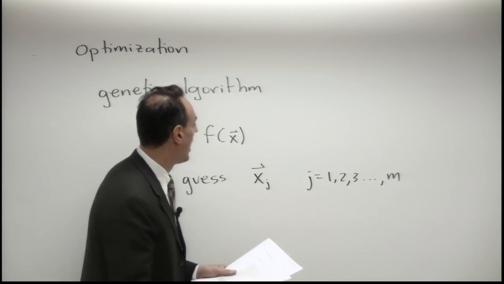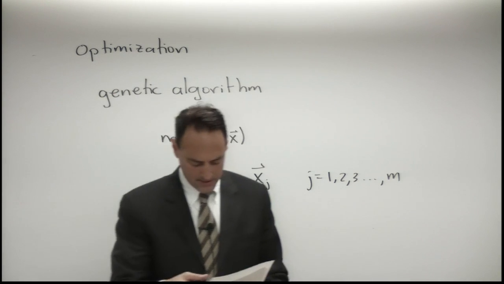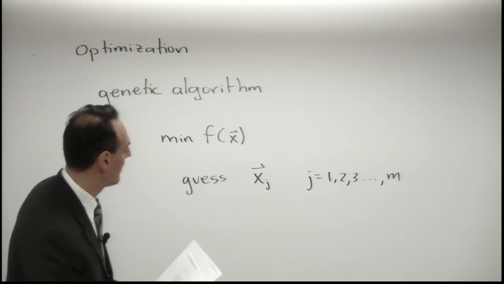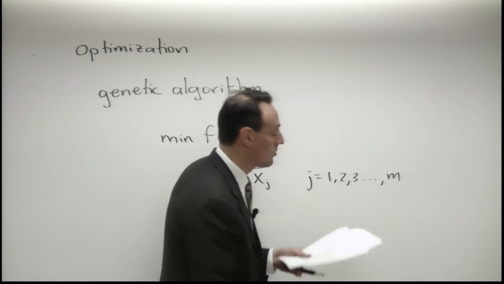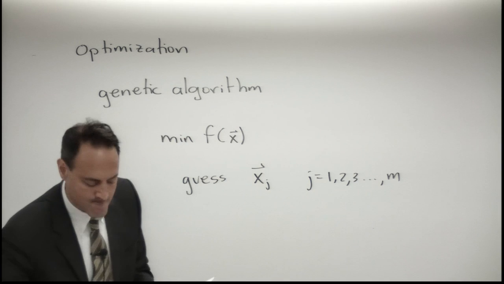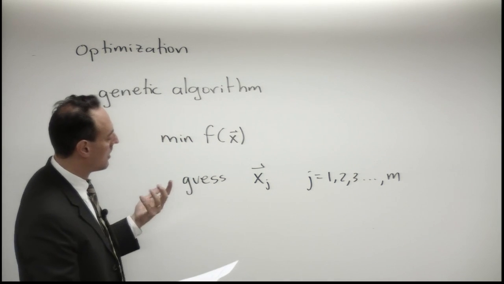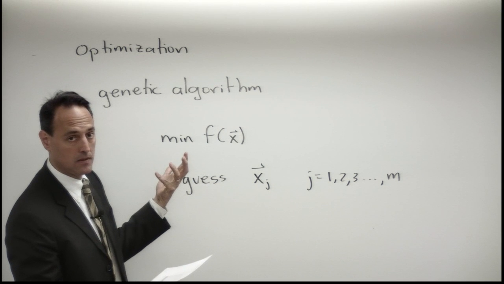Let me tell you why the name genetic is in there. So I'm going to take these m guesses. I've got, it could be a lot of them, right? So I try these guesses, I put them in there, see how they work. After I've guessed them all, I throw them in and ask, were any of them any good?